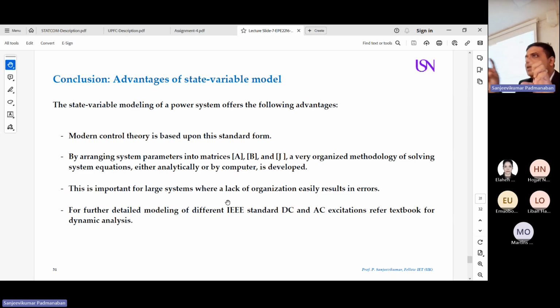But the gain parameters, we put in n cross n rows. So for these reasons, we make state space models, and we also follow IEEE guideline standards. If you are going to use a DC excitation or AC excitation, you can refer to the textbooks. There are many examples if you want to familiarize yourself.